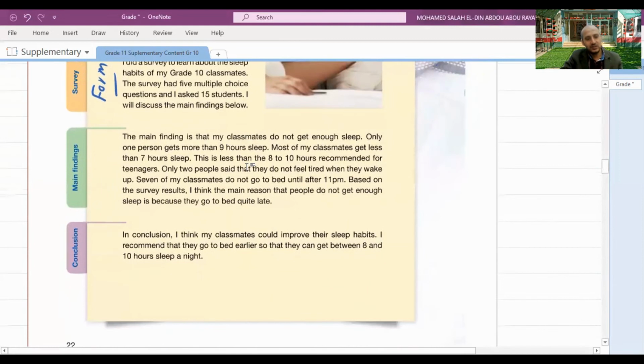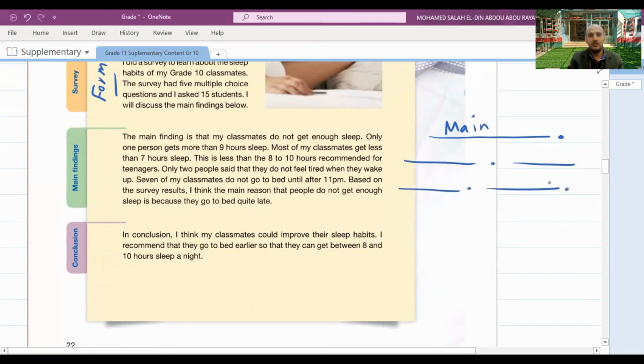Okay, let's move to the third section, the third paragraph. On the findings, first you make the main finding, the main result. Then you go to details, details based on each question.